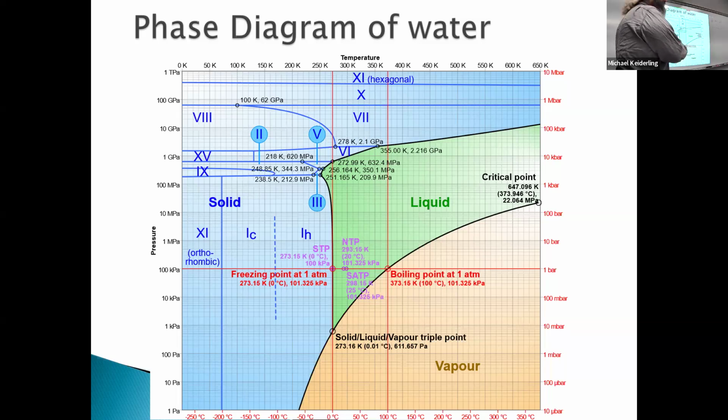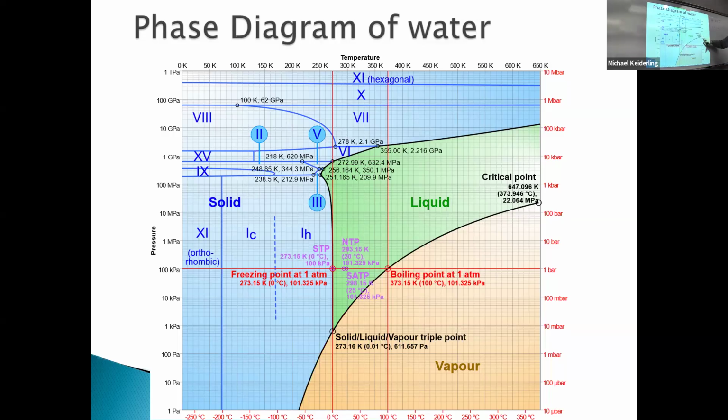You cool down water, it freezes. But you can also change the pressure. If you lower the pressure of water, it will boil. If you increase the pressure of water a lot, it will become solid. And there's also this critical point. So this here is the critical point.